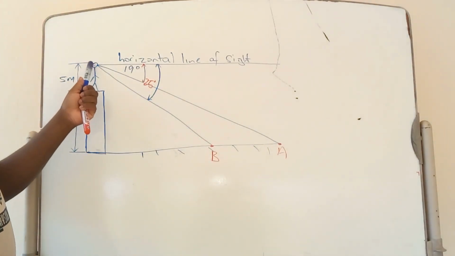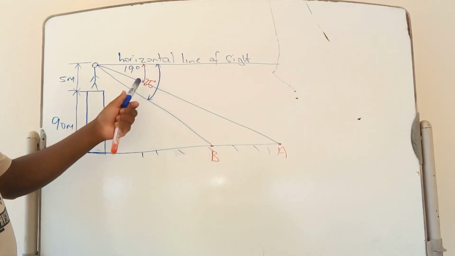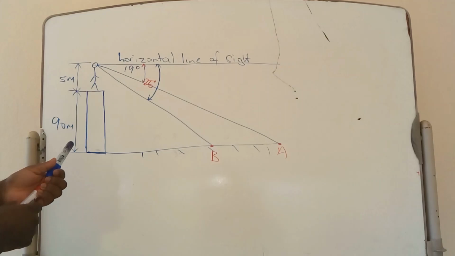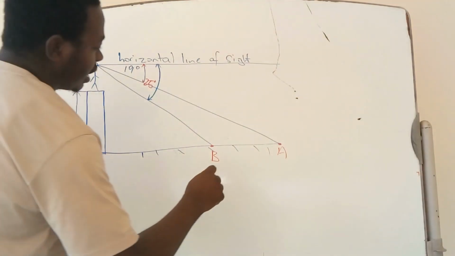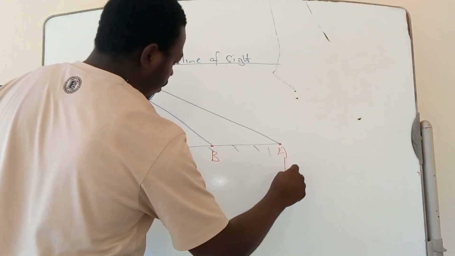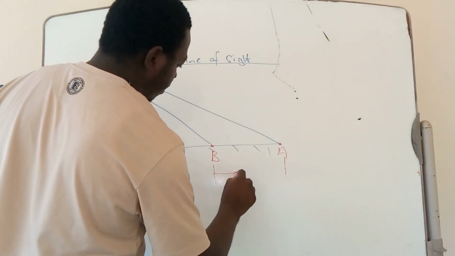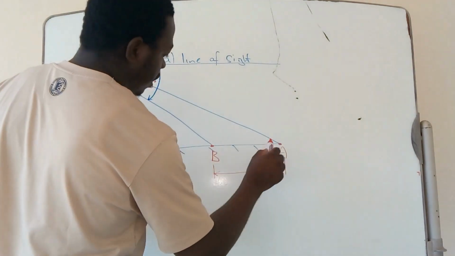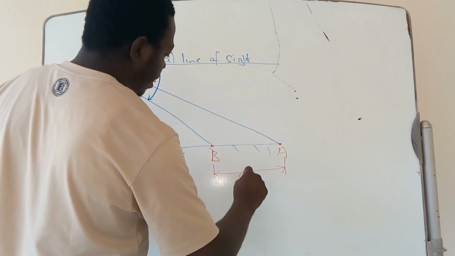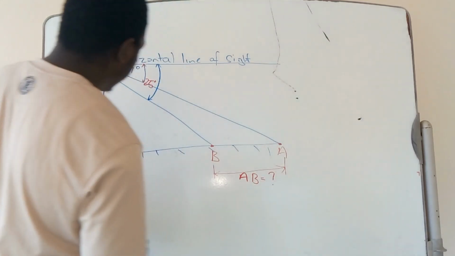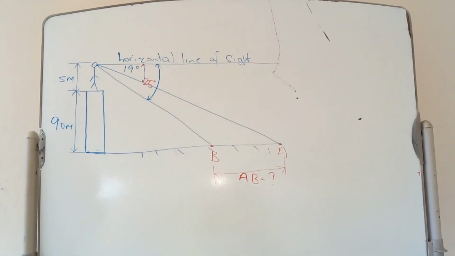And when you look down at the car at point B, that's 25 degrees. Right? And they ask you to calculate the distance from point A to B. So they want you to calculate this distance here, the distance AB.